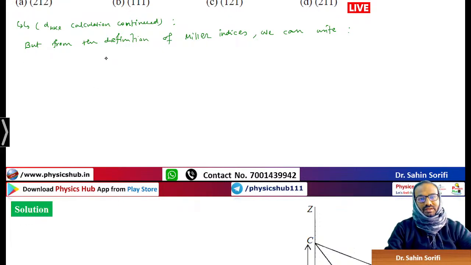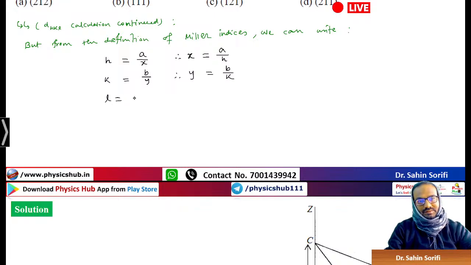So if I have H, it was A by X. Okay, so what is the value of X? X equals A by H. Similarly, K is equal to B by Y, so Y is equal to B by K. L is equal to C by Z, means Z is equal to C by L.